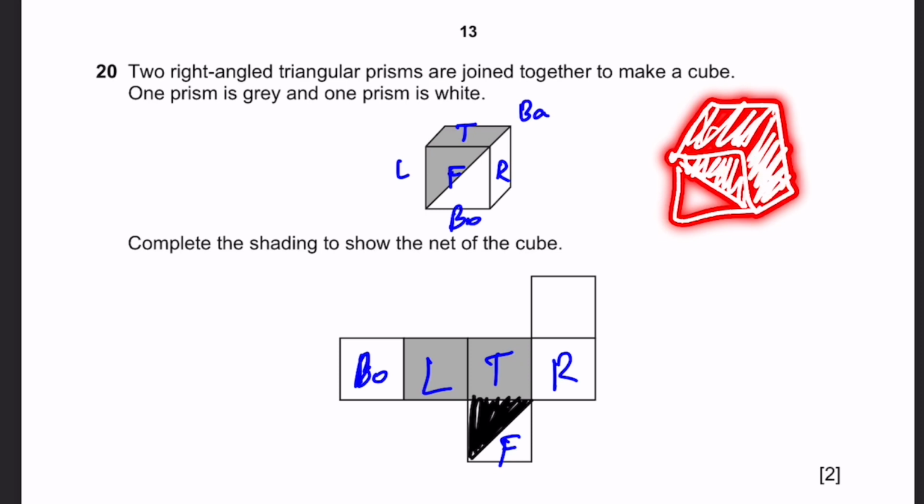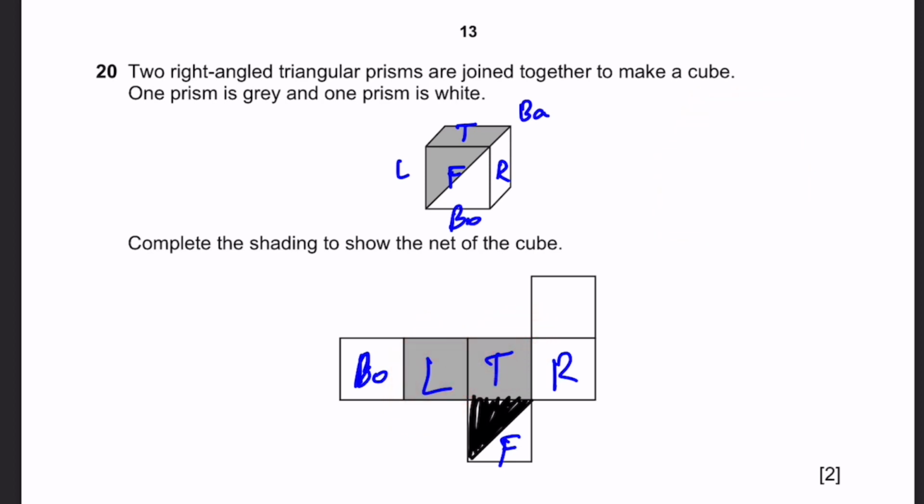But then because there's the back side, and it's attached to both this side and this side, that means the triangle should be having these two edges colored, which means we draw a line like that and we color the parts that are closest to those two edges. There's the back side. That's the answer.